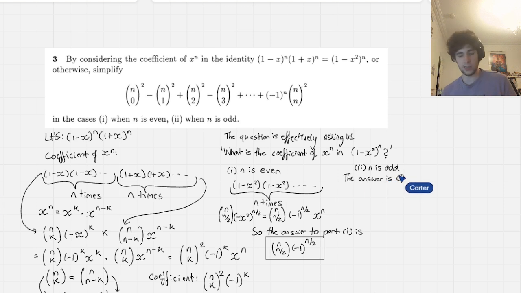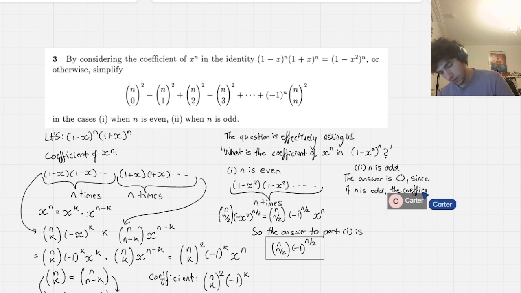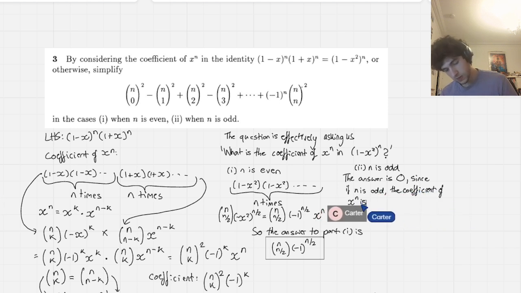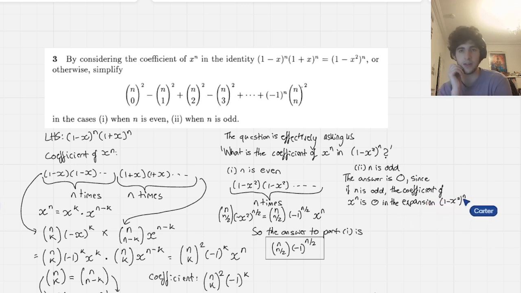Everything just cancels out, since if n is odd, the coefficient of x to the n is 0 in the expansion (1 minus x squared) to the n. In other words, if I multiply minus x squared by itself multiple times, I can never get an odd power of x. Simple as that. So the answer is 0.